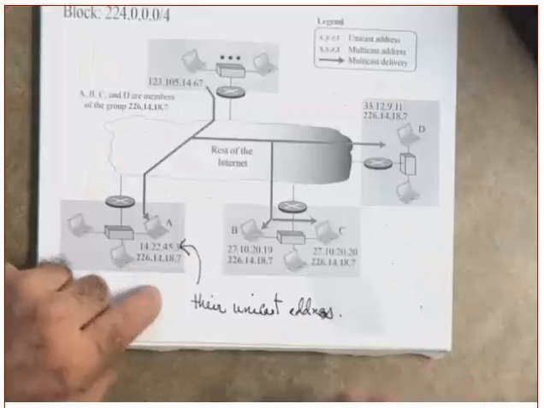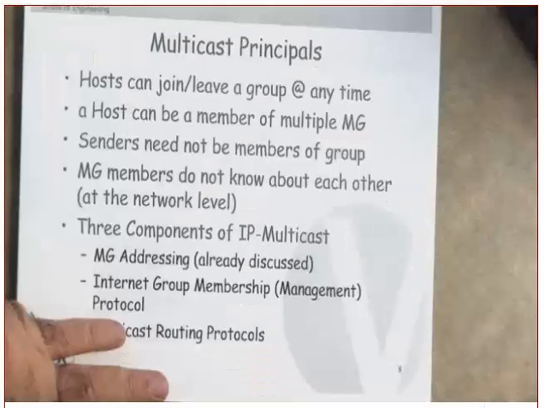It is part of the TCP/IP protocol suite. When I say it is part of the TCP/IP protocol suite, it means you don't need to upload this protocol separately. When you install your network operating system, IGMP automatically gets installed, because it's part of the protocol suite.